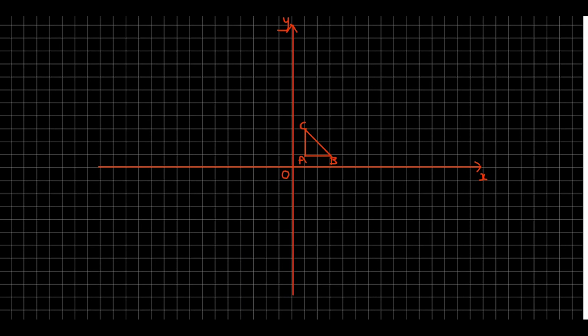So I could slide my triangle along the x-axis, along the y-axis, and I could do movement in either of these directions. So this movement is two-dimensional, right? It's two-dimensional.